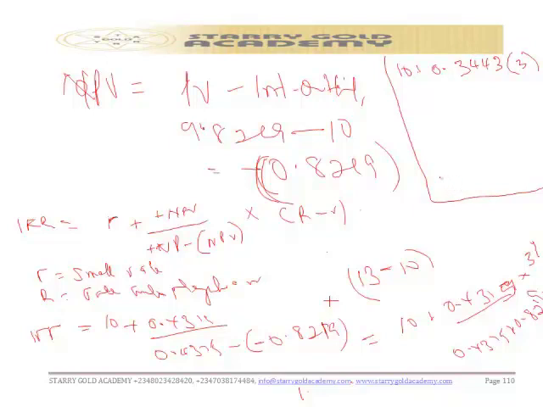3 times 0.3443 is equal to 1.022 something. So we have our 10 plus 1.033. So our IRR is equal to this plus this, that is 11.033%.